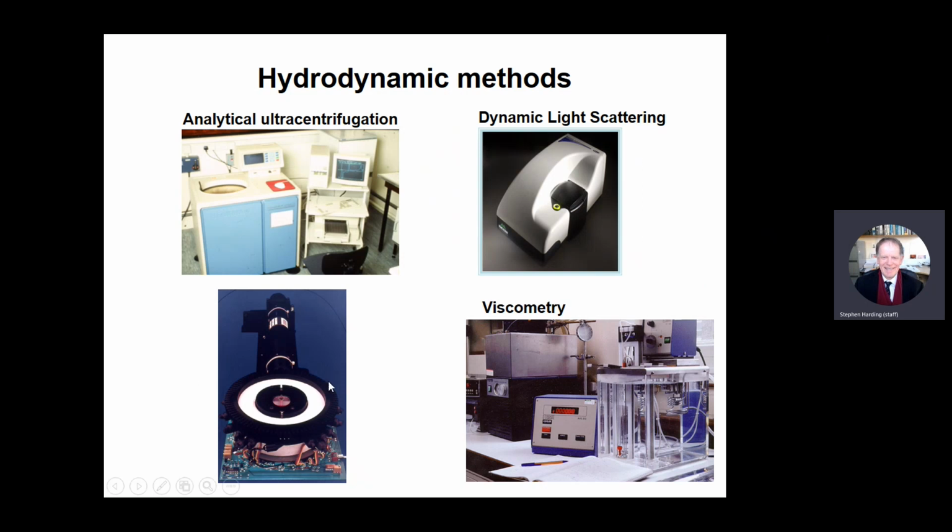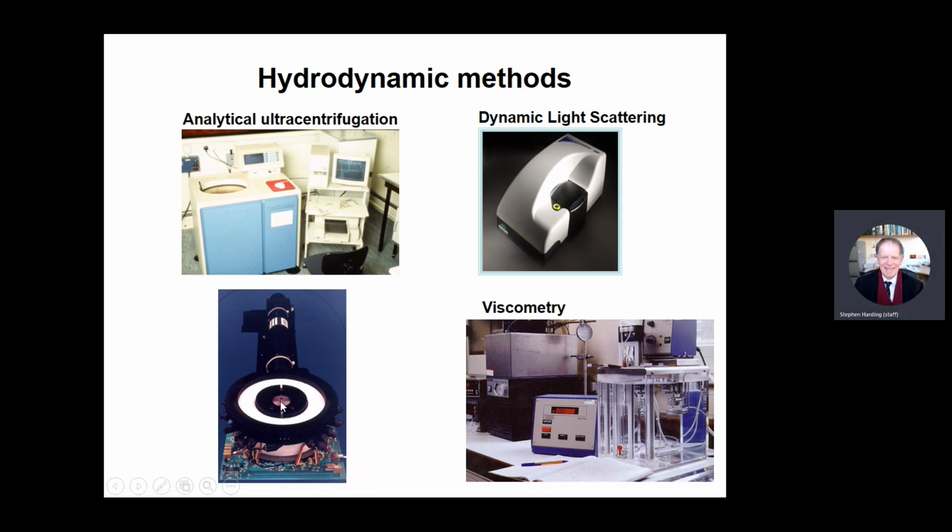As it comes through, we get these basically snapshots of scattered intensity profiles picked up by a series of detectors along the periphery of the light scattering envelope.